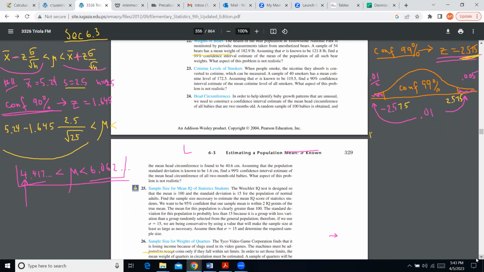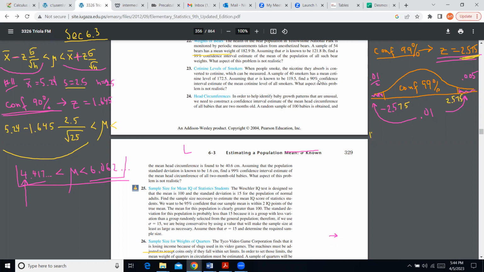Let me do another exercise, and we'll see that the formula that seemed kind of nasty on one hand is not really that bad, because we actually see that we can utilize it. Let me try exercise 24, head circumferences for babies.